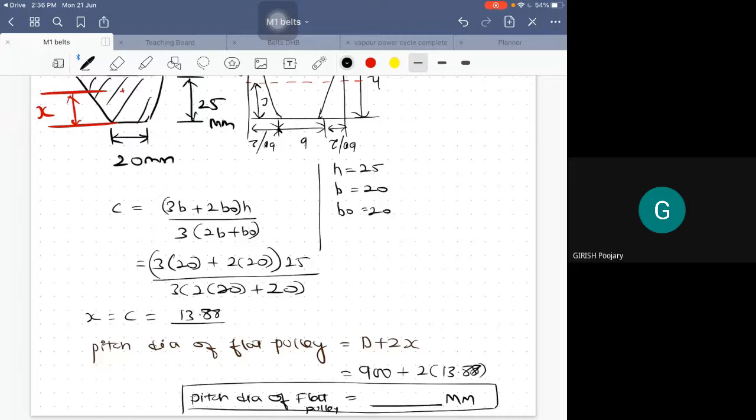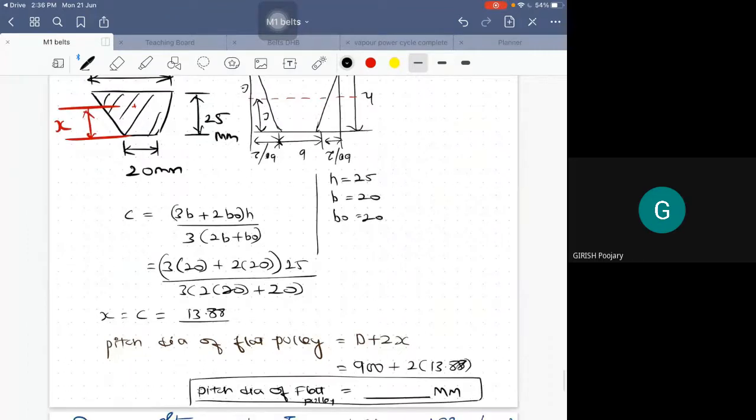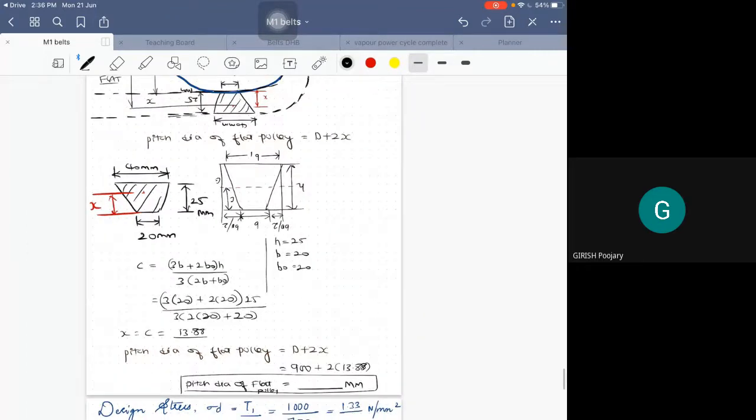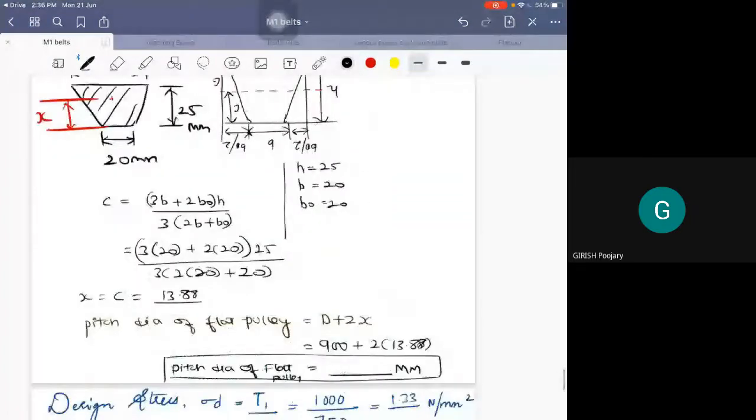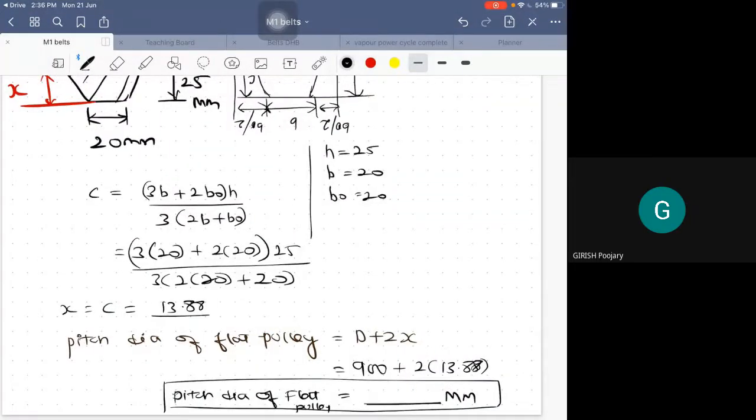Okay. What is the pitch diameter you got? 927.76.